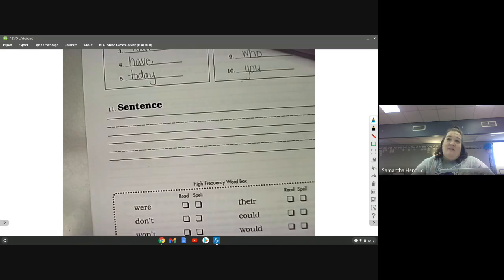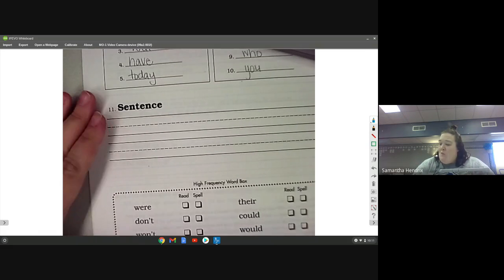If it is a statement, it ends on a period. That's a declarative sentence. An interrogative sentence is asking a question, so it ends with a question mark. And an exclamatory sentence ends with an exclamation mark, and it shows excitement, okay?